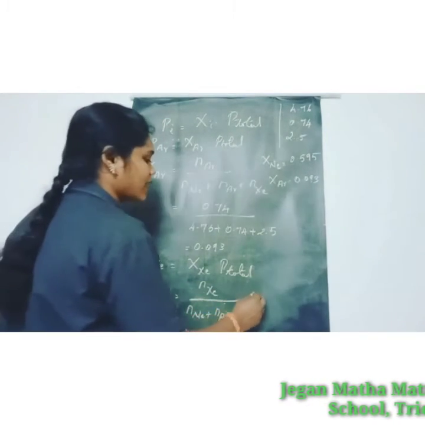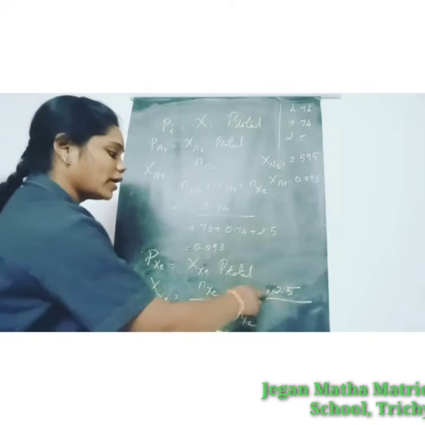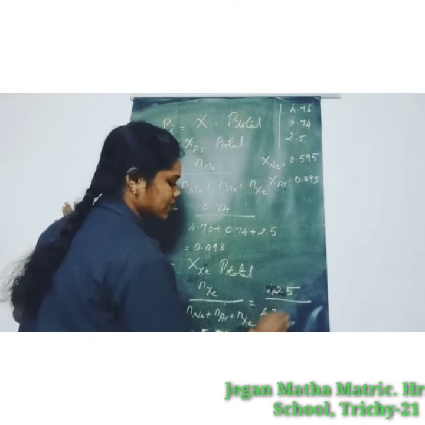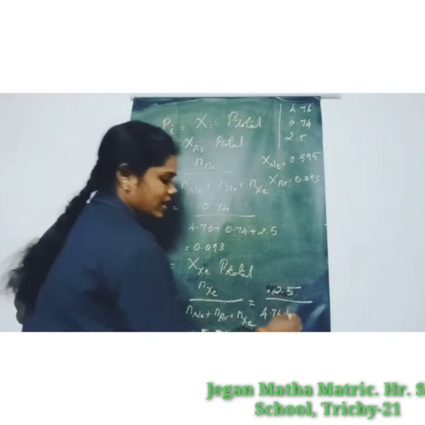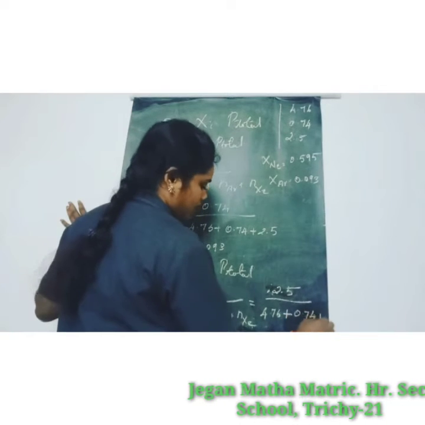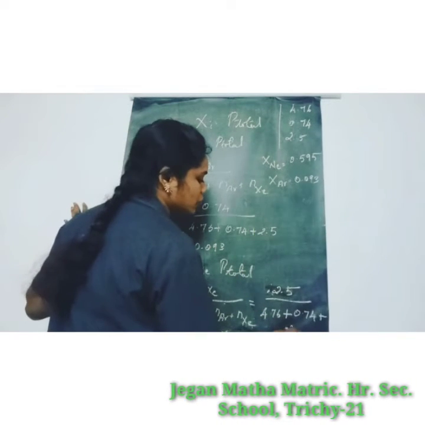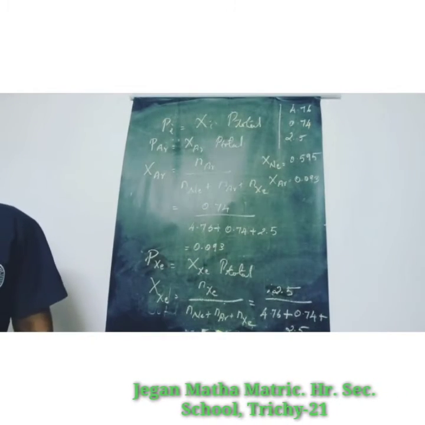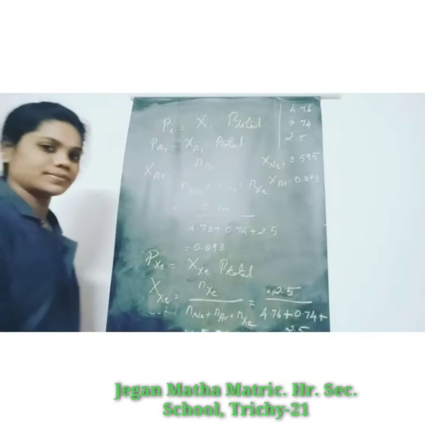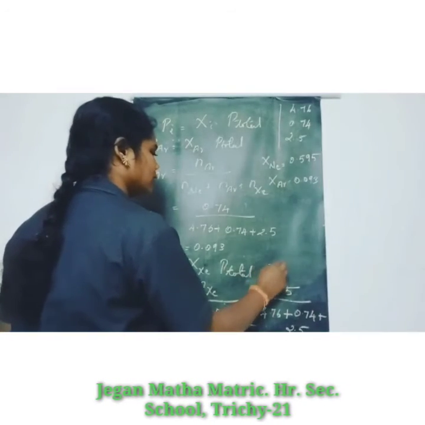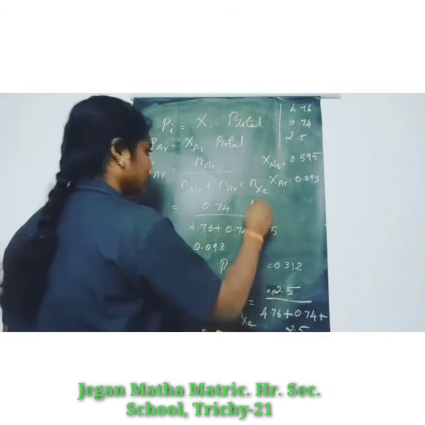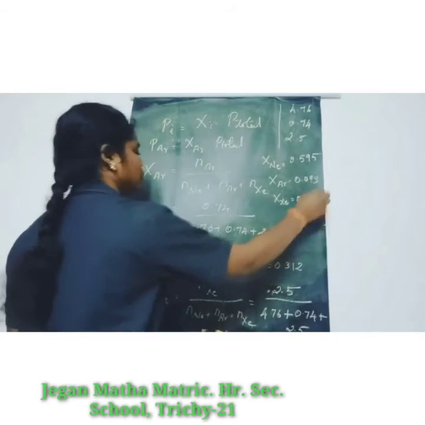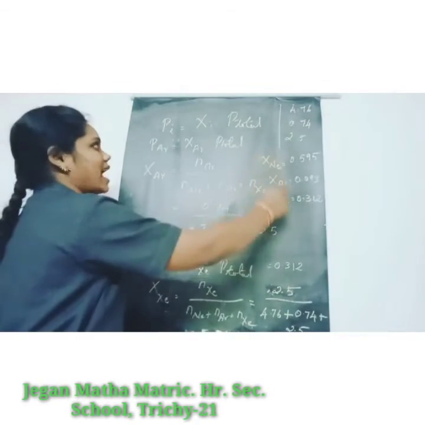Here N xenon value is 2.5 divided by N neon value 4.76 plus N argon value 0.74 plus N xenon value 2.5. Okay, so simplify this term. So we get 0.312. So here X xenon value is 0.312.